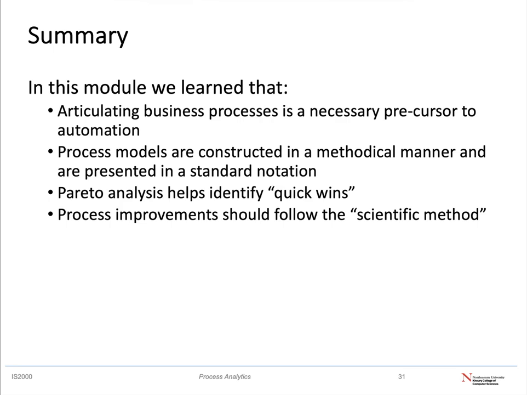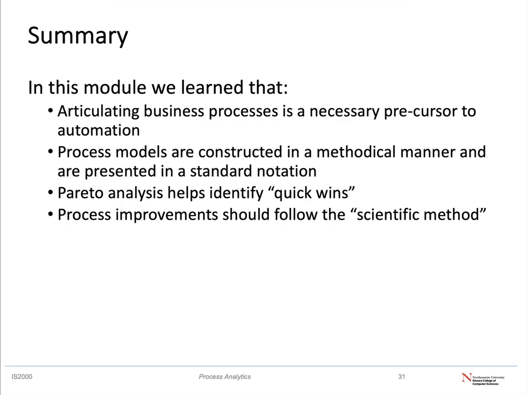So that's a quick overview of some of the key concepts in business process analysis and business process design. So again, some of the key observations are that, one, articulating business processes and visualizing them are a necessary precursor to any type of automation and improvement.